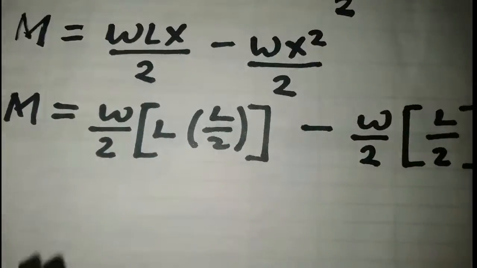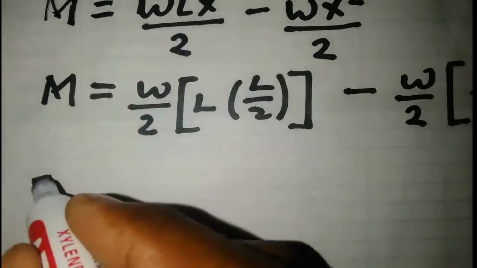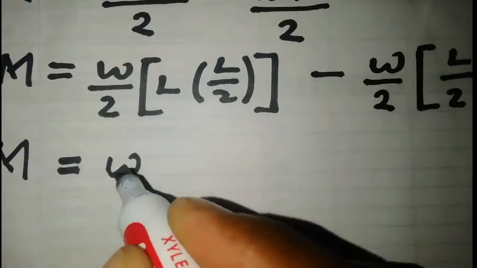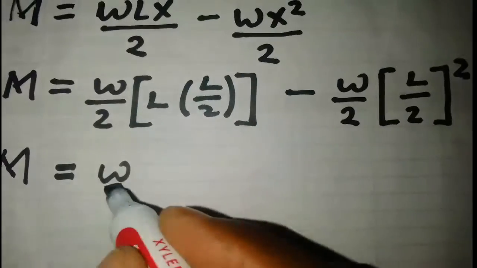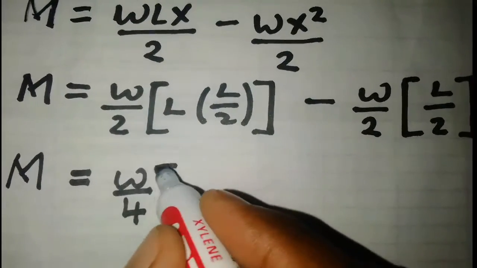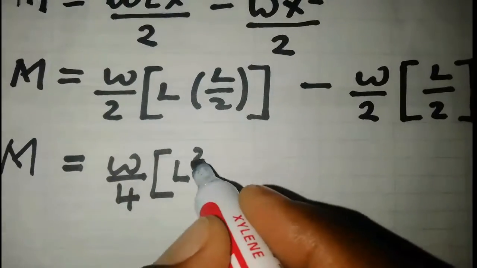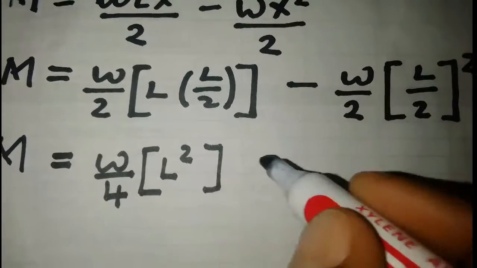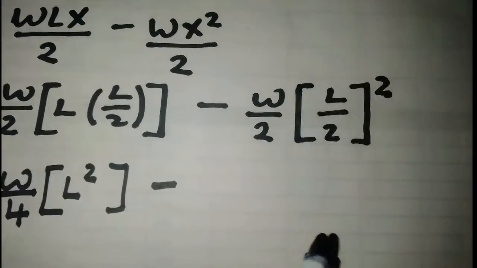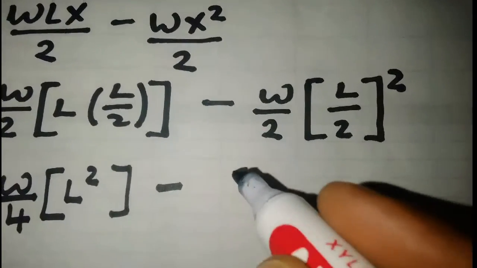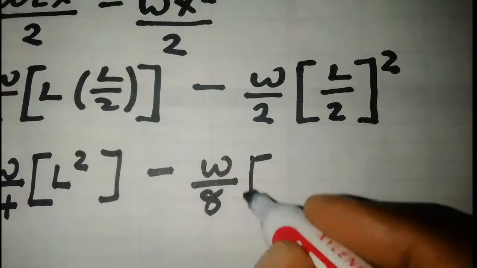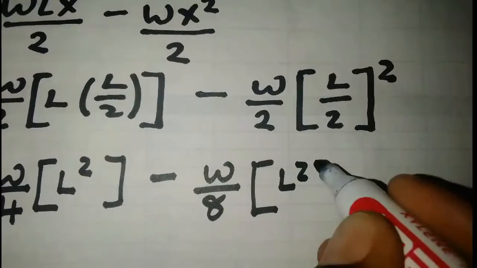And our bending moment M will be equal to W over 4 for 2 by 2, and for L it will be L squared. And we are going to subtract here 2 by 2 by 4, it will be 2 cubed, that is W over 8, and here we've got L squared.